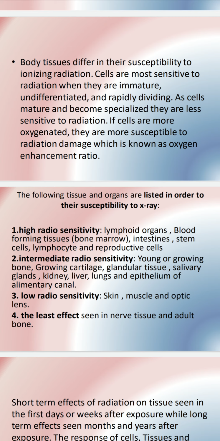Intermediate radiosensitivity: young or growing bone, growing cartilage, glandular tissue, salivary glands, kidney, liver, lung, and epithelium of the alimentary canal. Low radiosensitivity: skin, muscle, and optic lens. The least effect is seen in nerve tissue and adult bone.